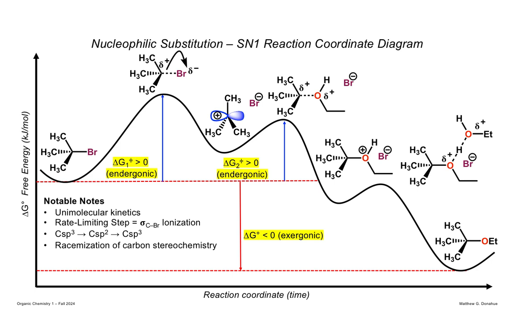So here it is now with the transition states filled in, the intermediates filled in, and then some information about the energies required. So as we said, the left-hand side is your starting material.